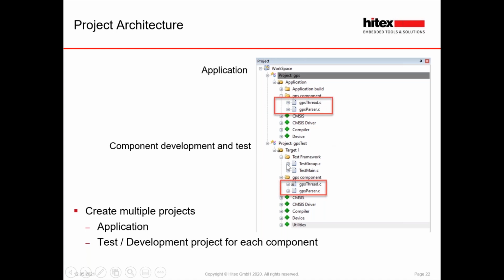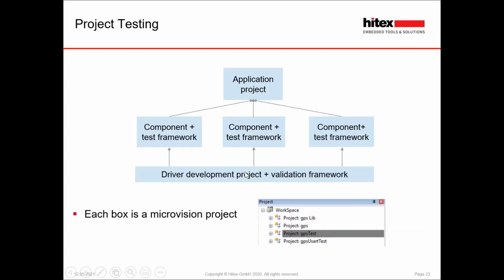So we have an approach of adding these developer test code, which is not a substitute for unit tests, but it does give us more confidence that our code is working before we put it into the full application. So when we're working with this style of framework, building our project as a set of sub-projects and then integrating the components together gives us a very nice way to work.